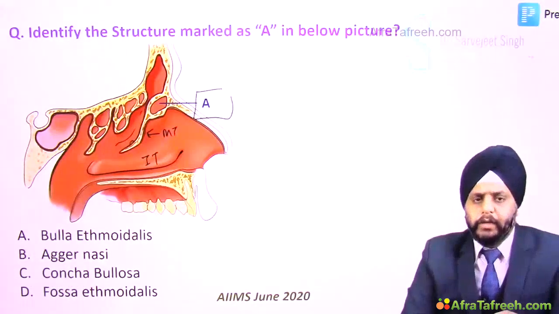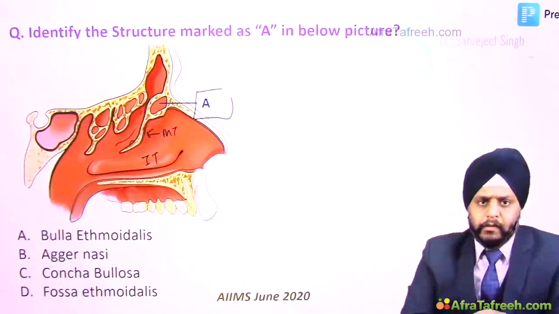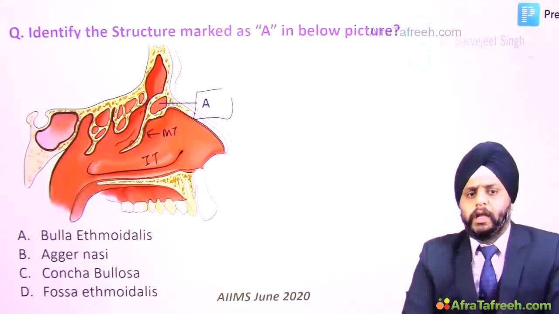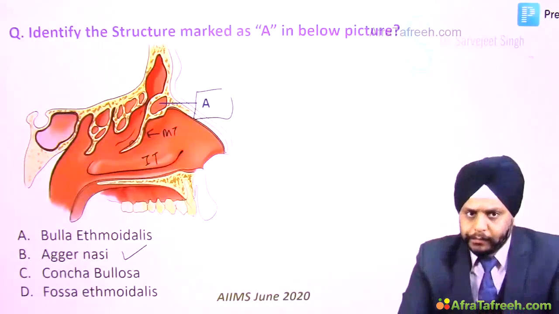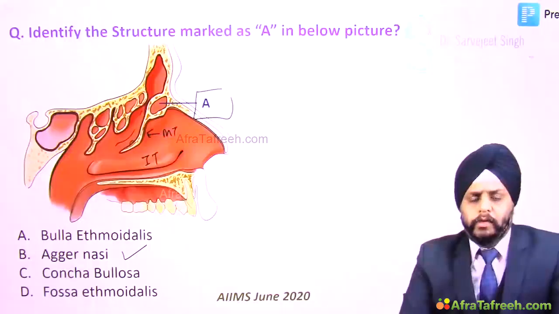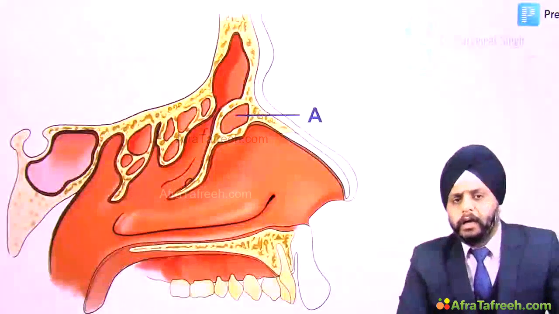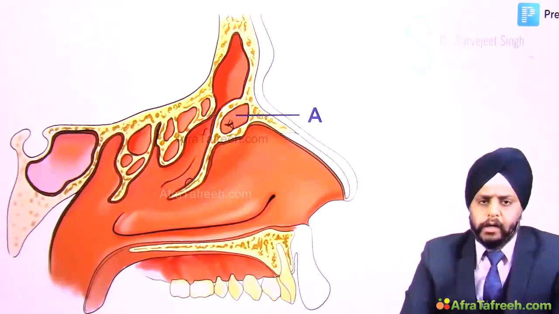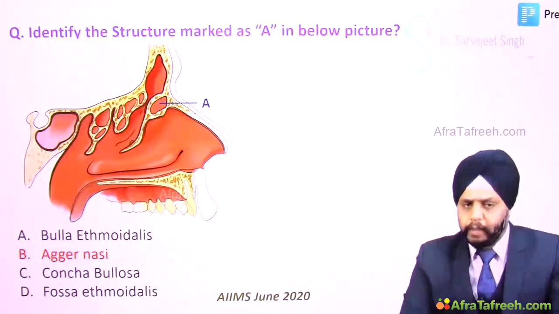This is the anterior most cell. Above this you can see the frontal sinus is draining, so this anterior most cell has to be the agger nasi cell. The anterior most cell of the ethmoidal system is the agger nasi cell. So clearly this cell over here is the agger nasi cell. The answer to the question was agger nasi cell.